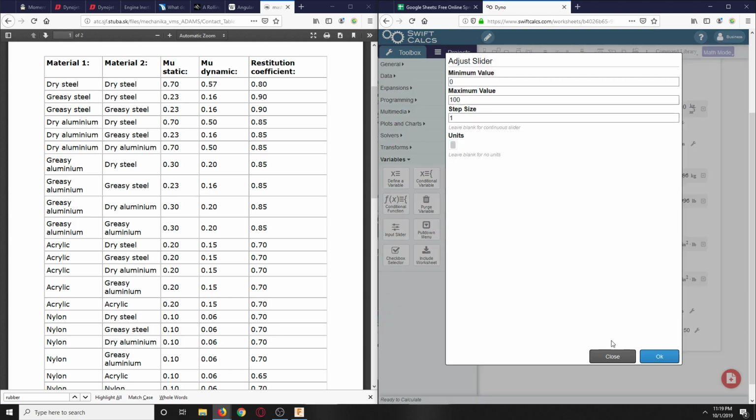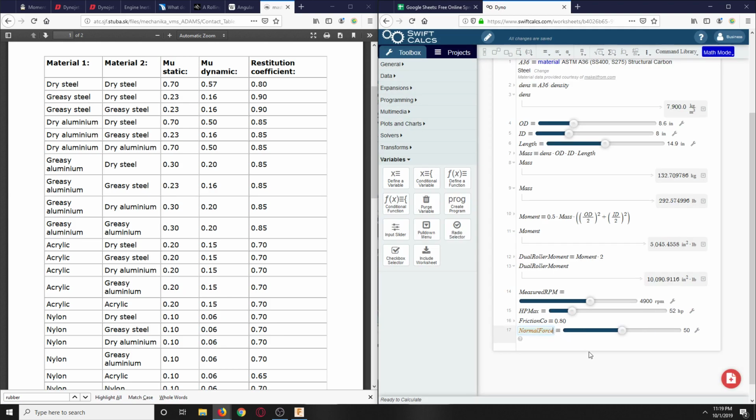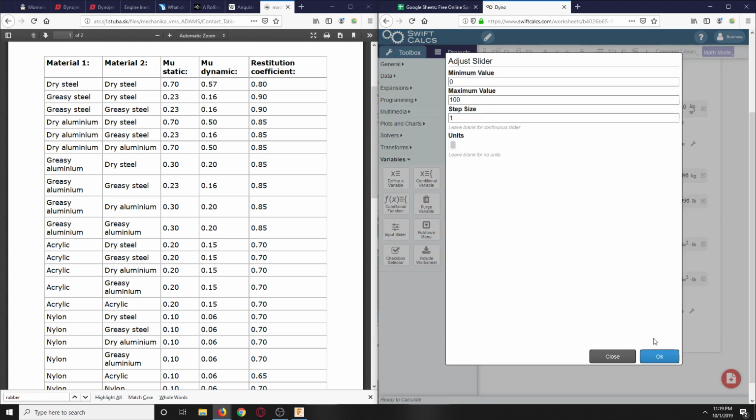So I'm going to say divided by 2, and this is in pound force, and this is the weight of the car. So let's say up to 5,000 pounds. Minimum value is 100 pounds. Step size is every 100 pounds.